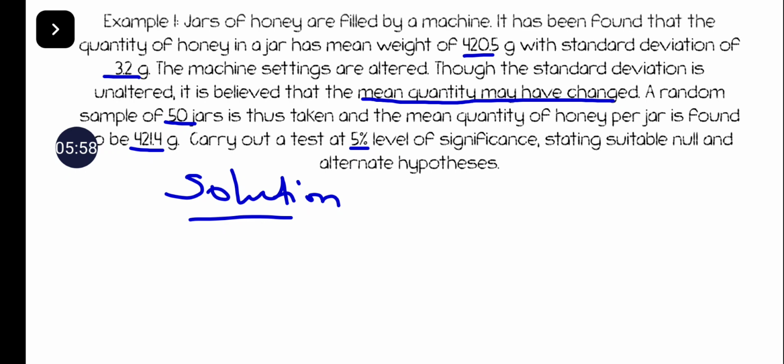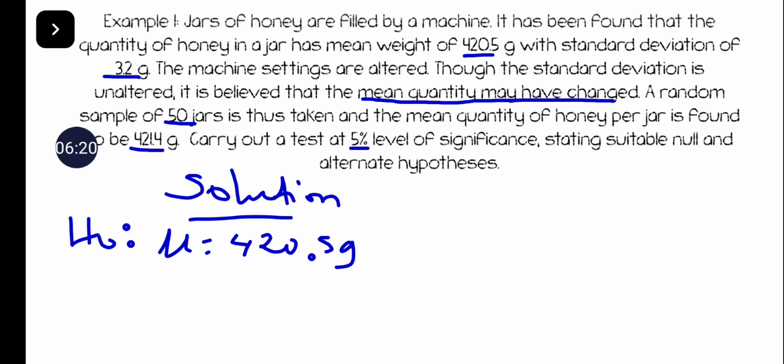Now, the hypothesis. How do you obtain the hypothesis? The null hypothesis: a jar has mean weight of 420.5. So that is our H0, mean weight of 420.5 grams.